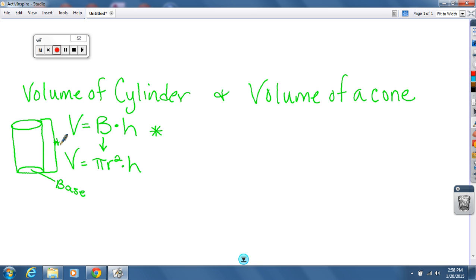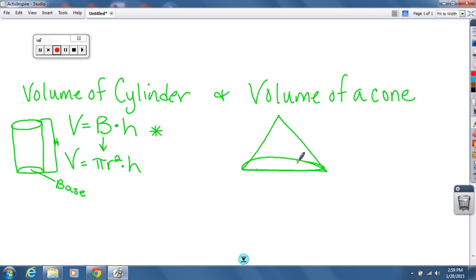Now, you talk about the volume of a cone. When we watched the video, we talked about how many times a cone could fill a cylinder.